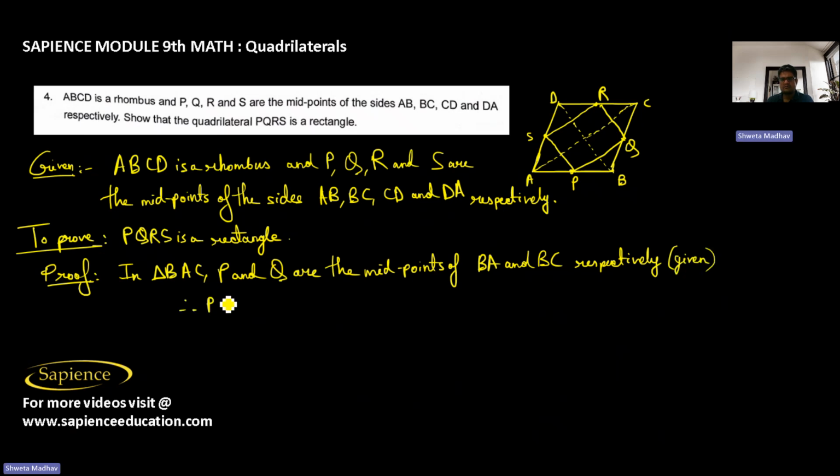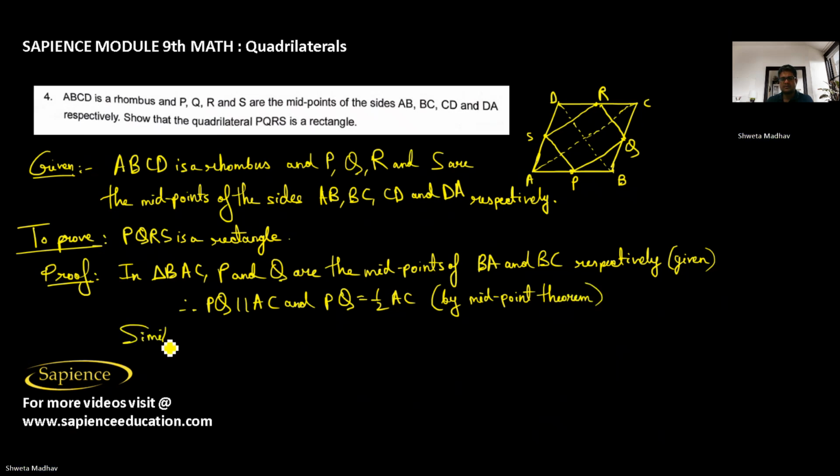So therefore, I can say that PQ is parallel to AC and PQ equals half of AC, by using the midpoint theorem.